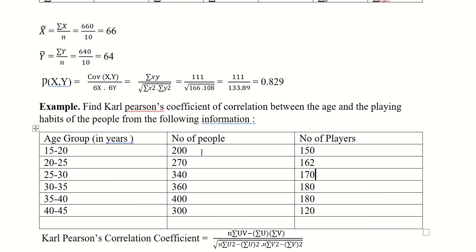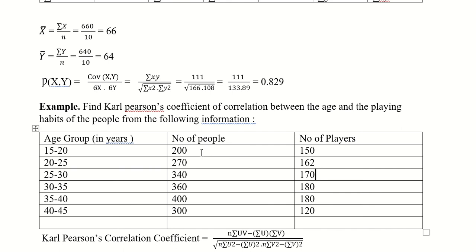And so on. Like 25 to 30, there are 340 people, but out of 340, only 170 people play certain games. So this is how three variables are given to you. But as I told you, we can only find correlation between two variables.